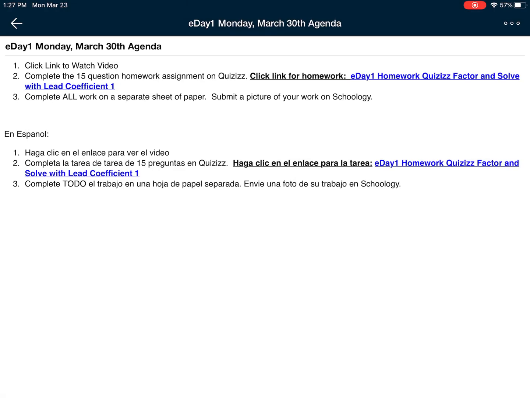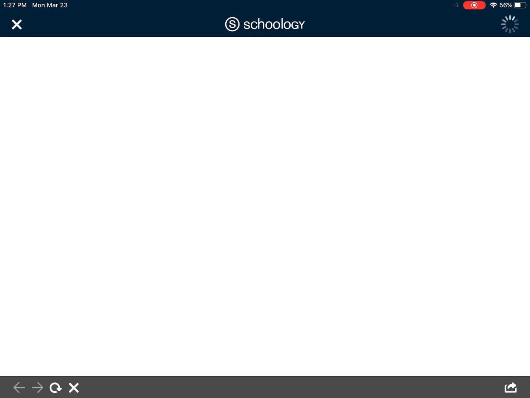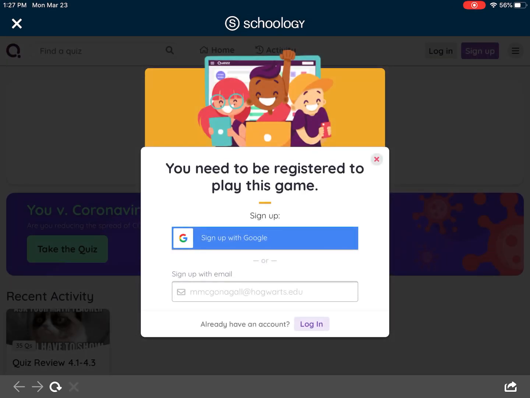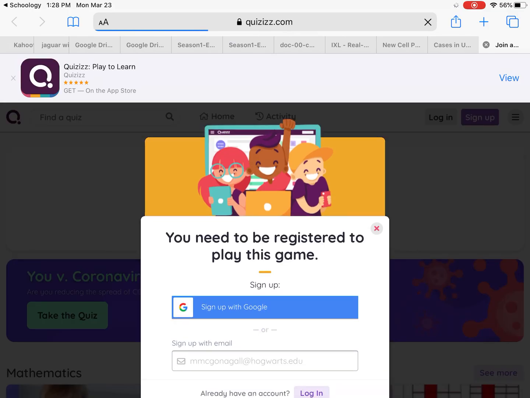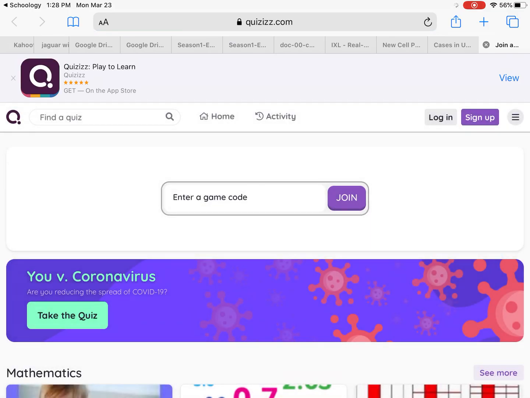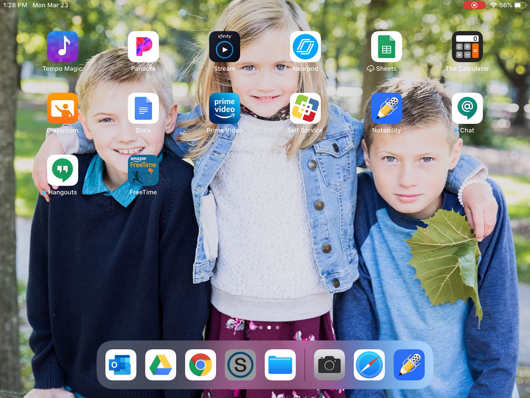It says homework, quiz, factor, and solve with lead coefficient of 1. If you click on it, you're going to have to use this bottom arrow. Oh, you might not have to, but you're going to sign in and register if you haven't already. Hopefully at this time you have. So you could always use the bottom arrow to link you into this quizzes. But once again, you want to sign in, which hopefully you will before you begin.